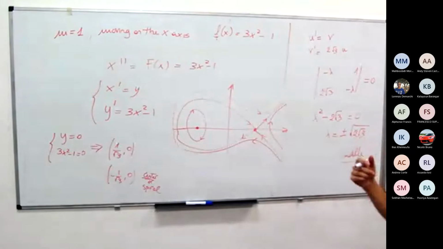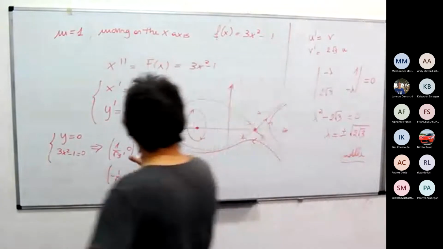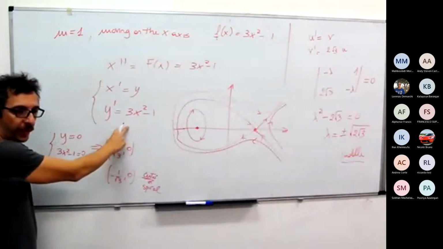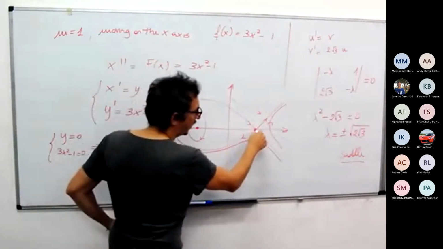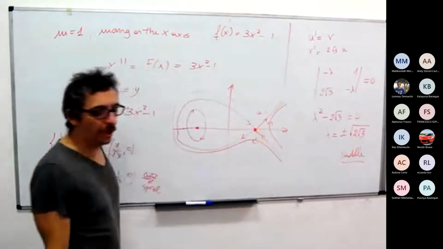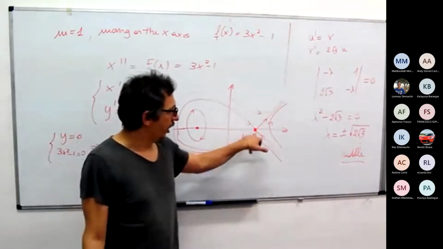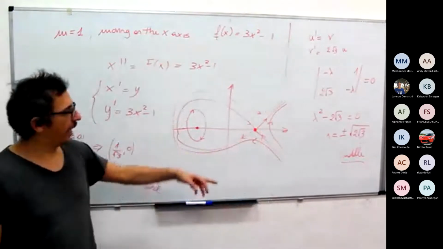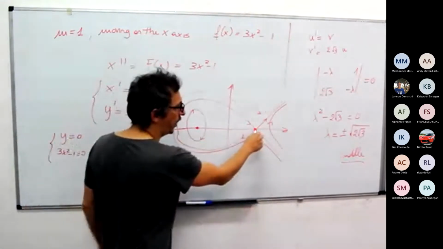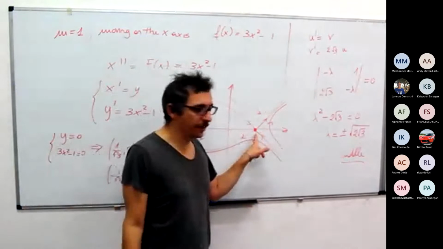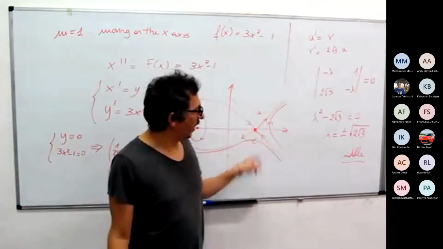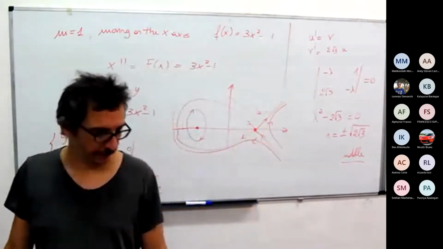And Poincaré theorem tells me that a saddle in the linearized system corresponds to a saddle in the nonlinear system, which is actually exactly what you find in the direct mechanical analysis of the system. This point here, which is the critical point 1 over square root of 3, 0, behaves as a saddle.